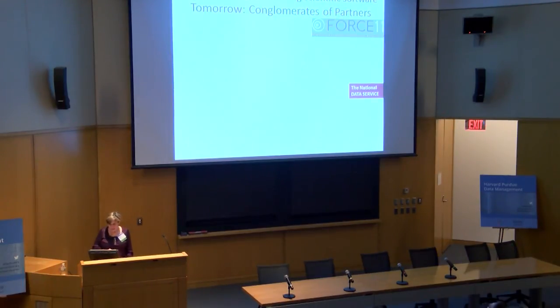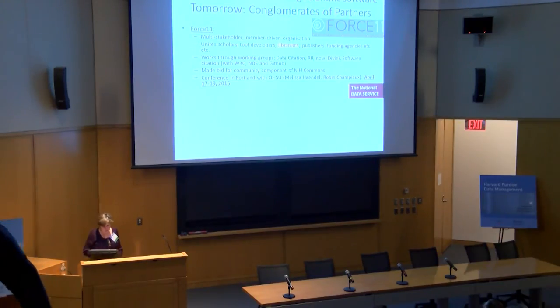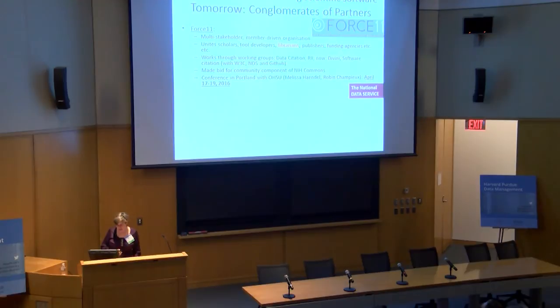And I think there are other collaborations that we could use to get to thinking about better ways of building scientific software. As Susan already mentioned, I'm involved in Force 11. It's a multi-stakeholder, member-driven organization that is meant to be a platform for scholars, tool developers, librarians, publishers, funding agencies, and others to talk about new forms of scholarly communication.